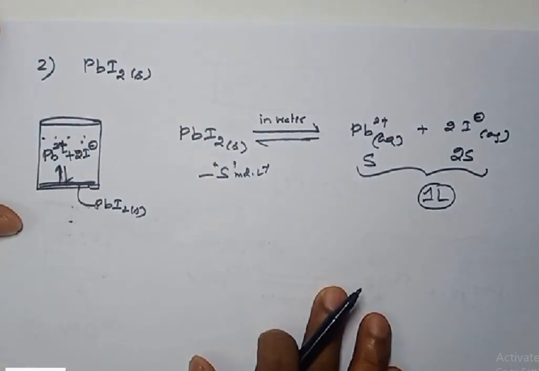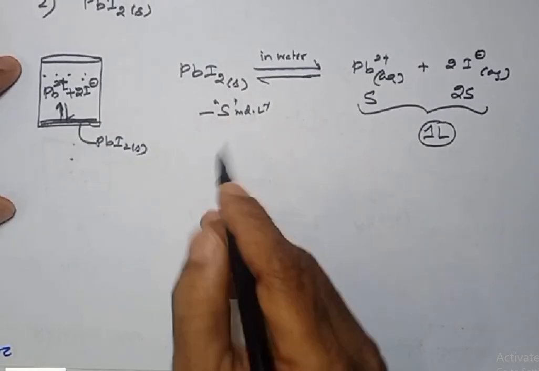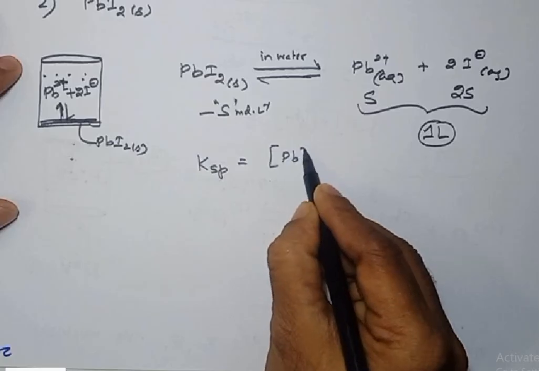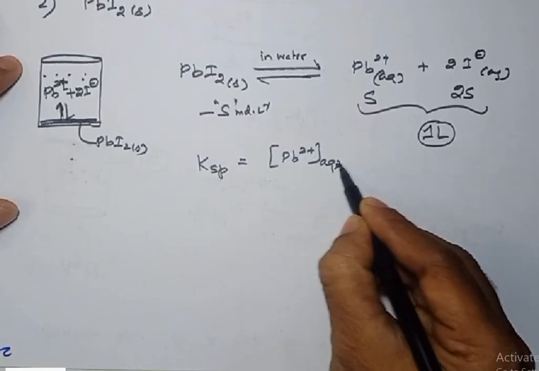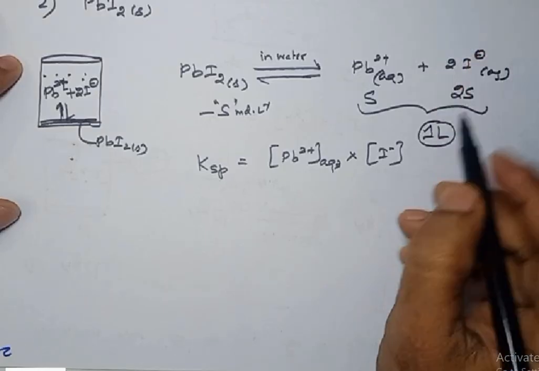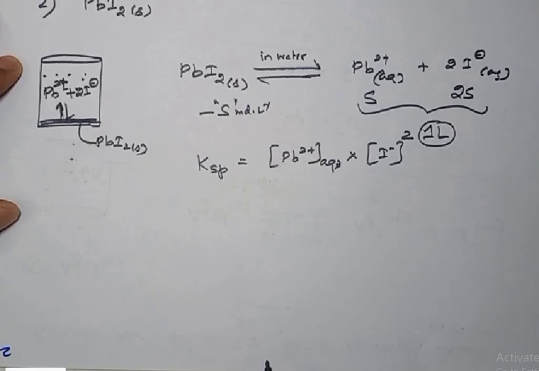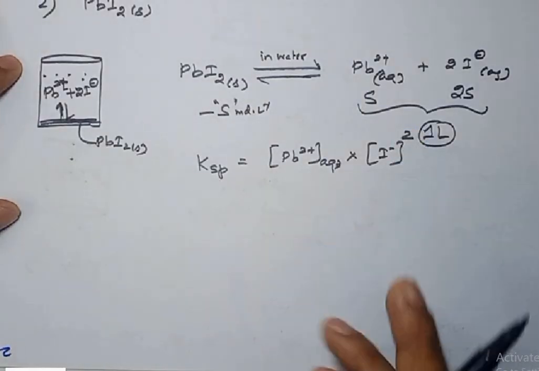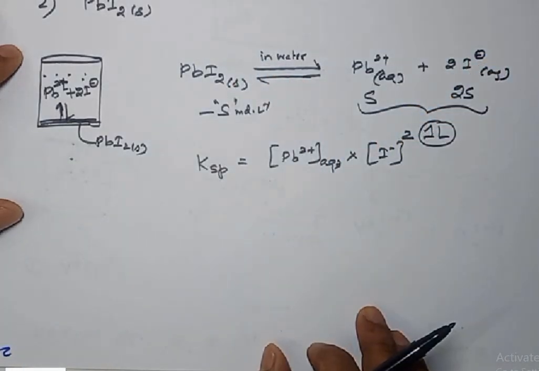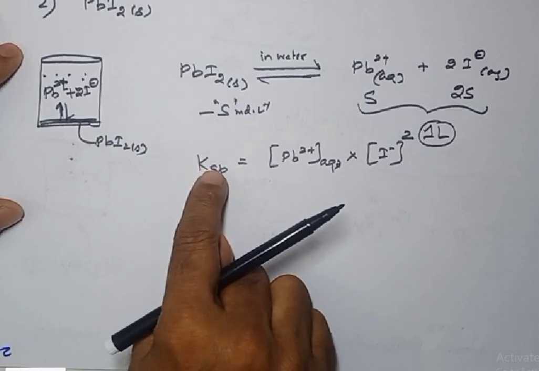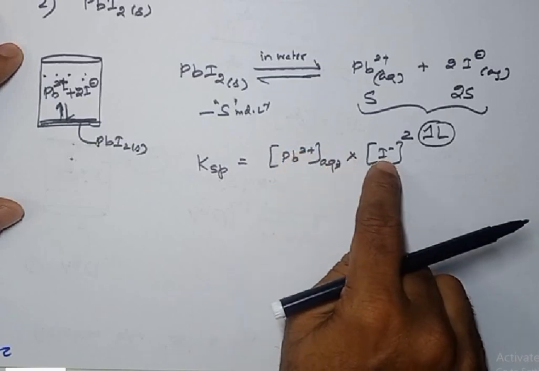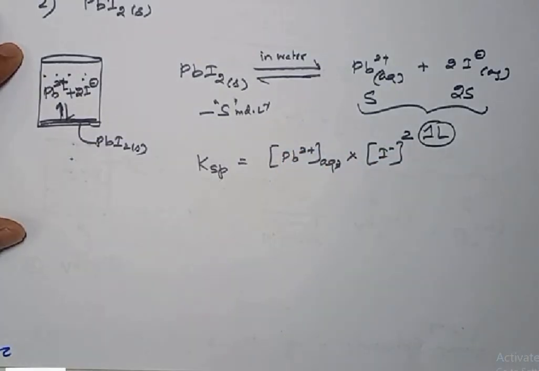Now, at equilibrium, we can write the equilibrium constant, also called Ksp. Ksp is equal to the concentration of Pb2+ ion in aqueous medium times the concentration of iodide, and whatever stoichiometry number is there, put that number in the power of the concentration, assuming that these are all simple reactions. So the solubility product is equal to the concentration of Pb2+ ion times the concentration of iodide ion squared.